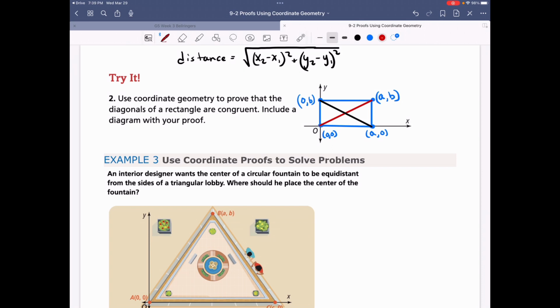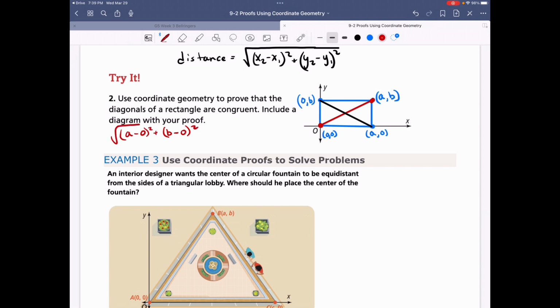So first let's do that for the red line. So from 0, 0 to AB. The x-coordinates are a and 0, so I'm going to use a minus 0, and the y-coordinates are b and 0, so b minus 0. Put those into the distance formula.